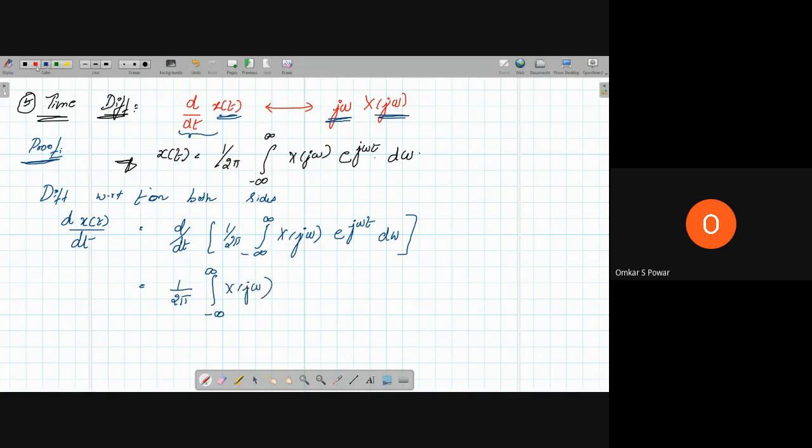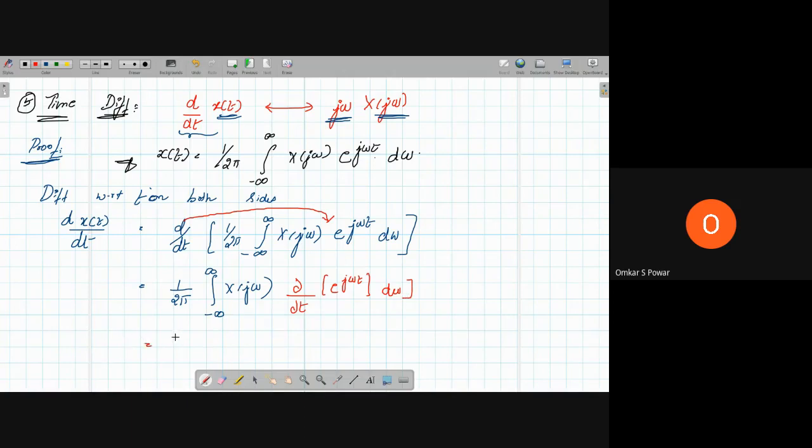So now if I bring this d by dt inside, what happens? It will become partial derivative ∂/∂t of e^(jωt) dω. Okay, so let me solve this for you.